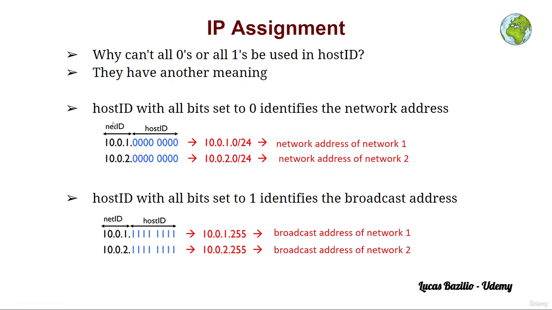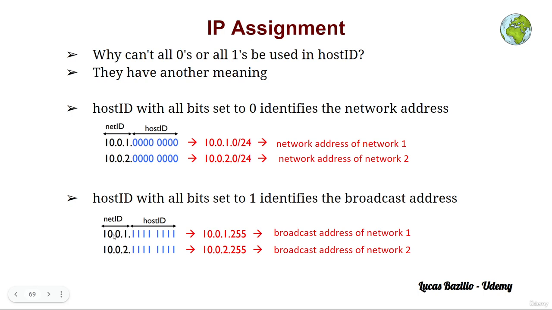So we already know that the host ID with all the bits set to 0 identifies the network address. Now, what if we use the host ID with all of the bits set to 1? Well, this also has a special meaning: it identifies the broadcast address.